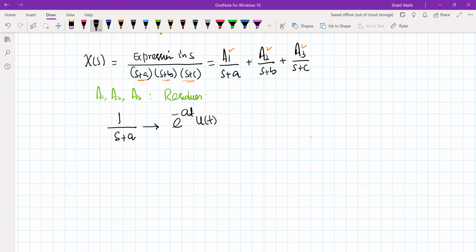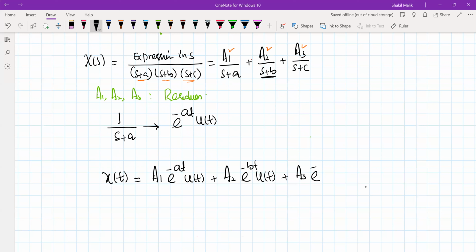The inverse Laplace transform will simply be x(t), which is equal to A1, after we have found the value of A1, e to the power of minus at u(t), plus A2 e to the power of minus bt u(t), plus A3 e to the power of minus ct u(t). So the inverse Laplace transform is very easy to find after that. This is how we write the inverse Laplace.